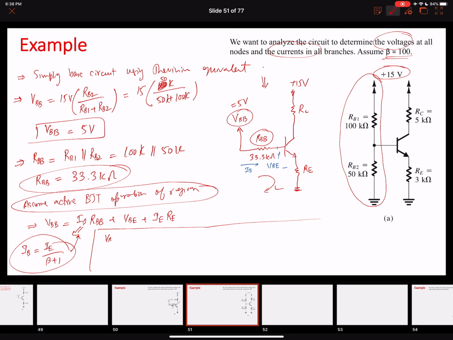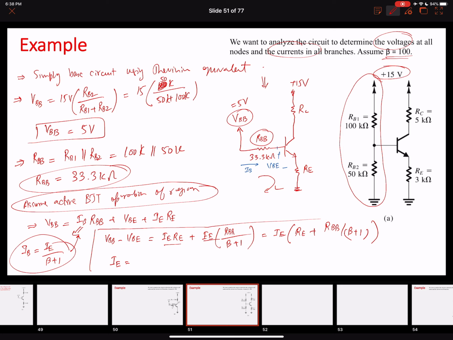So I have VBB minus VBE equals IE RE plus IE RBB over beta plus 1. So we can take IE out as common, and what we are left with is RE plus RBB over beta plus 1. Okay, so we can find the value of the current IE.